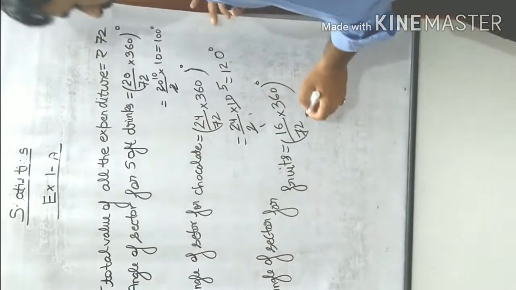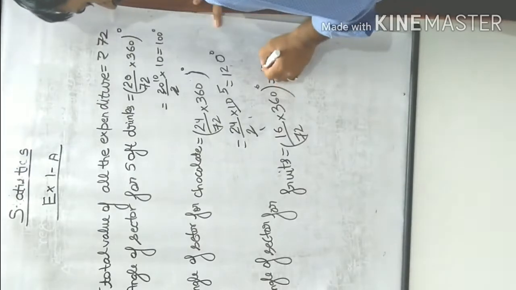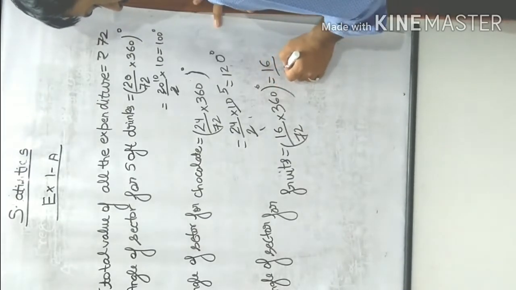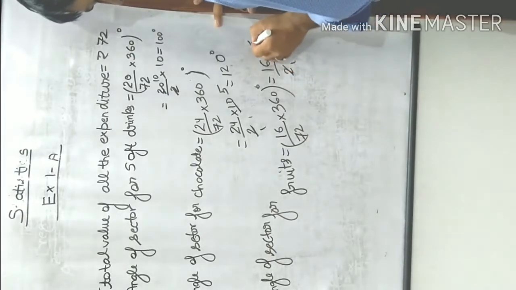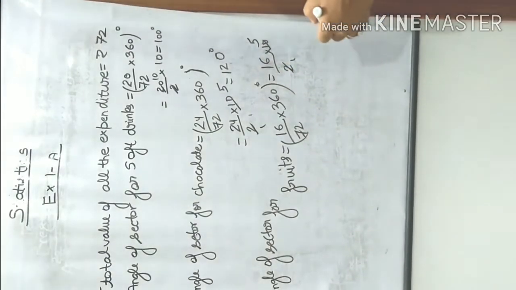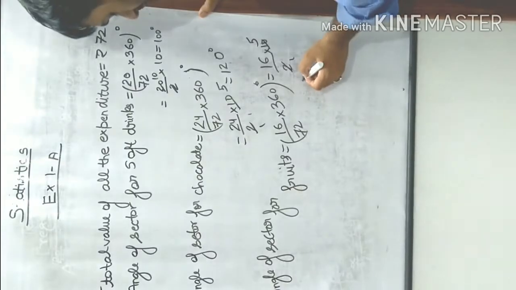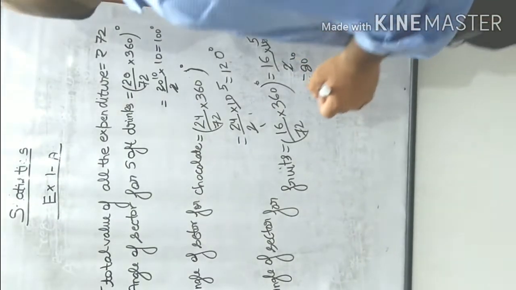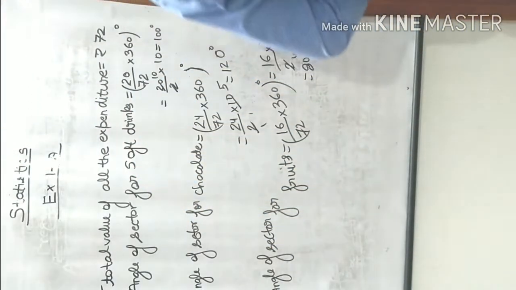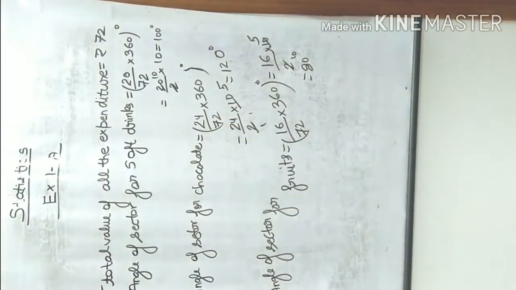Again, 16 upon 72. That means how much is it? 80 degree. Then what is remaining? Angle of sector for convenience.